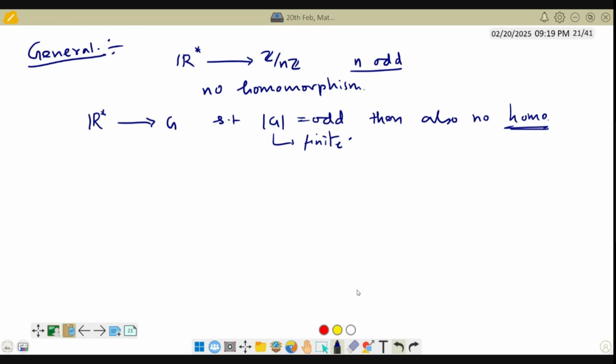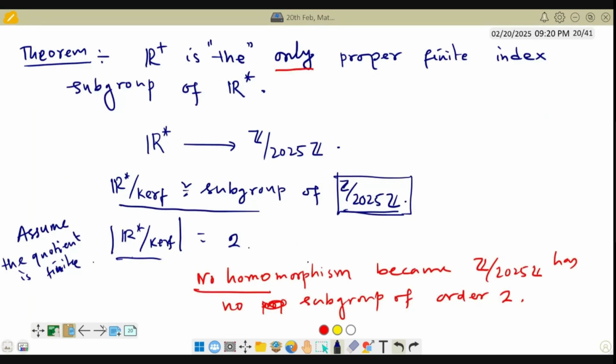But if G is even, like R star to G such that the cardinality of G is even, then it exists, because this quotient is of order 2. For that case, you need to observe the structure of the group. If it is cyclic, then there will be a unique subgroup, so in that case only 1.